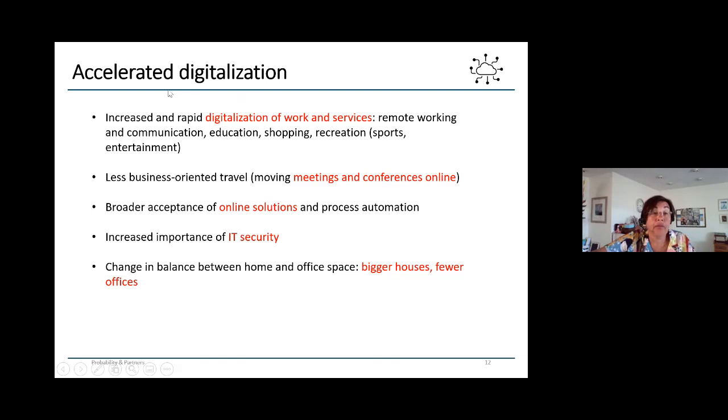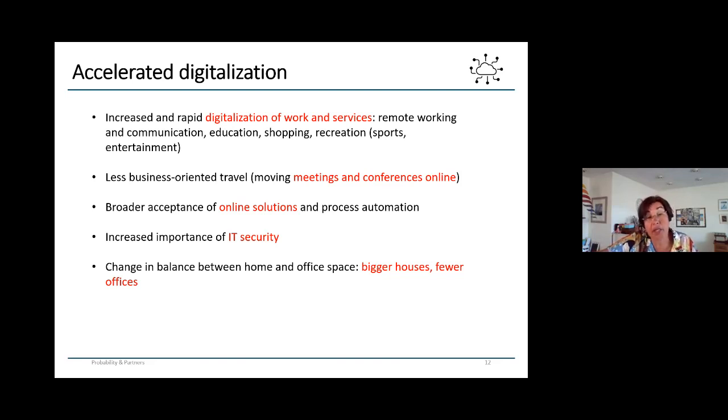So this accelerated digitalization is characterized by remote working, remote communication, and then things like remote education, shopping, recreation, sports, less business-oriented travel, so moving all the meetings and conferences online as we are doing now, broader acceptance of online solutions and process automation, so the resistance towards doing things online is going down.